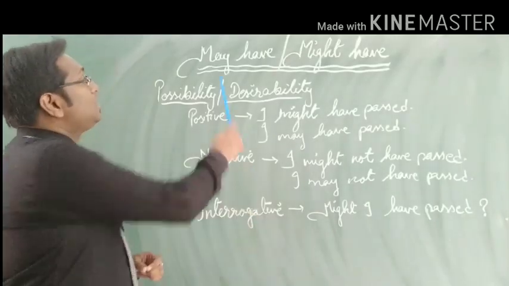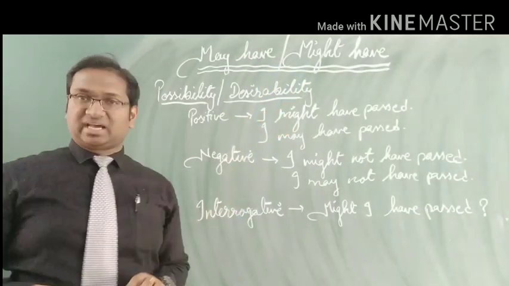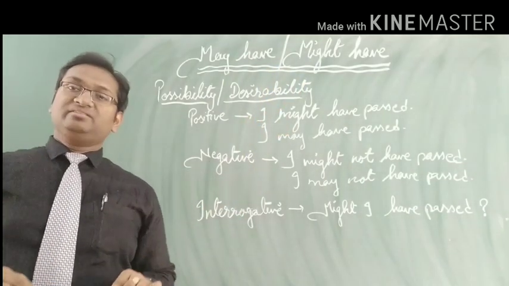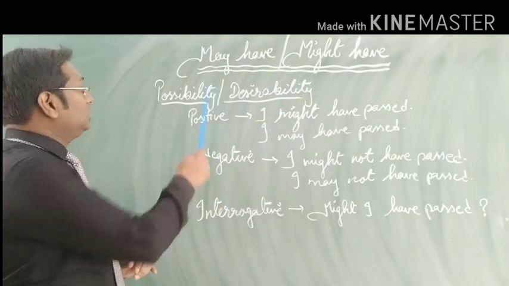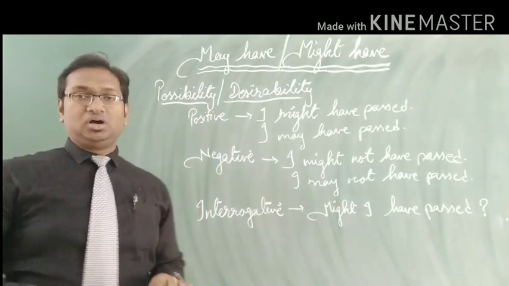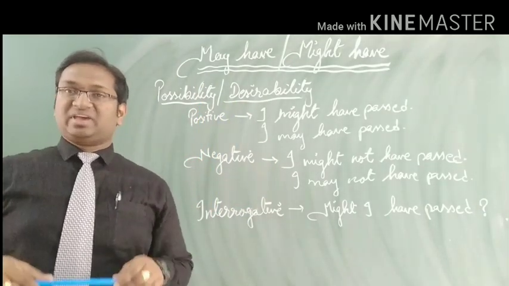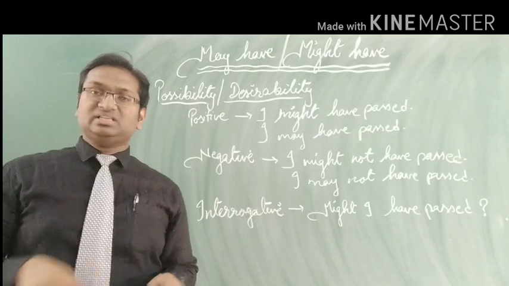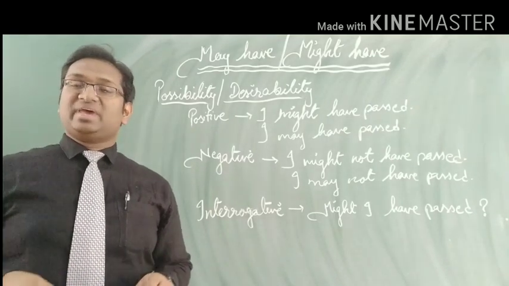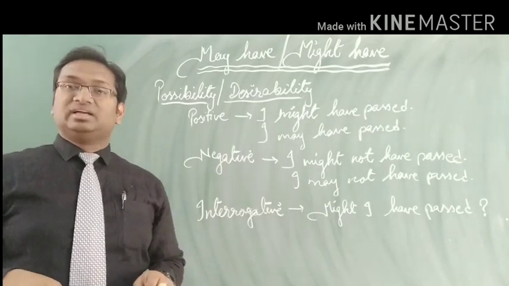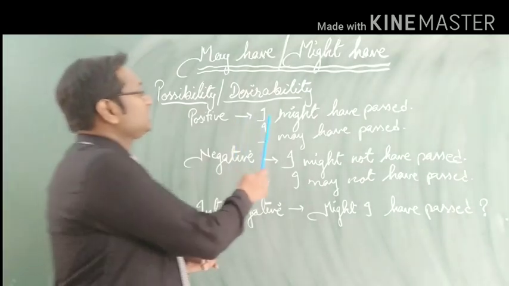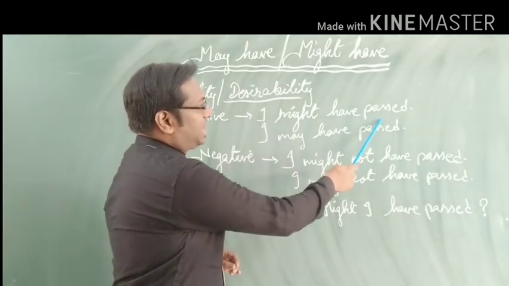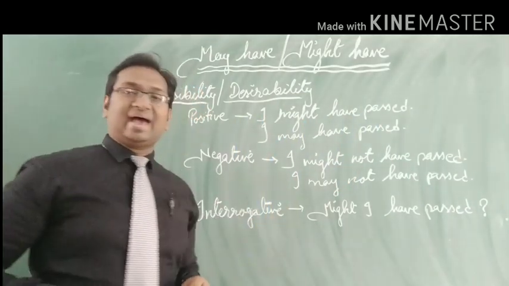Now next is may have, might have. Now may have and might have, these are used for possibility and for desirability. If we have possibilities and desirabilities, we are going to use may have and might have. Let's see the example. I might have passed, I may have passed.